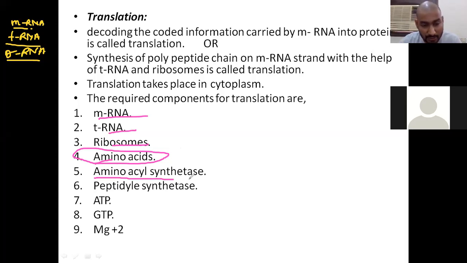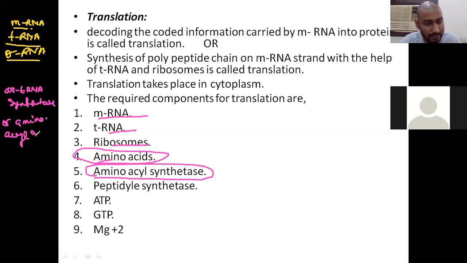And there is the amino acid synthetase. I told one enzyme that is called AA-tRNA synthetase, or it is also known as amino acyl tRNA synthetase. Okay, both are the same thing.